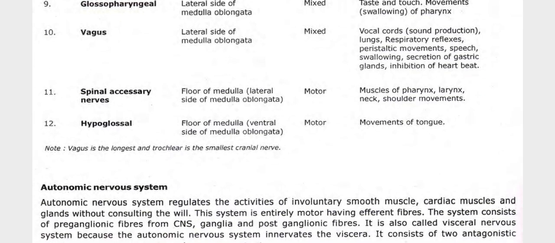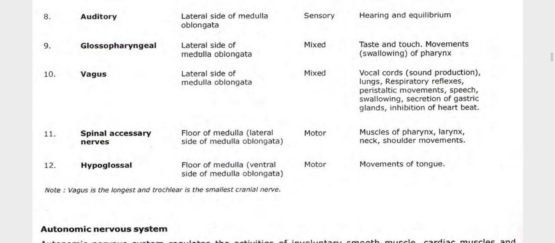Then hypoglossal, ventral side of medulla oblongata, motor, in the sense movements of tongue region. So we learned about vagus nerve, right? Vagus nerve is the longest and trochlear is the smallest cranial nerve.